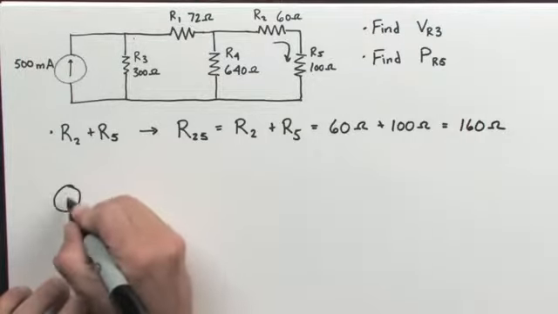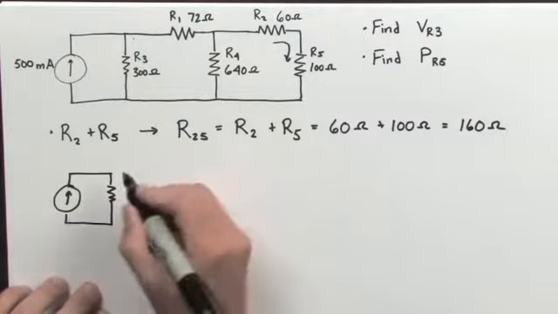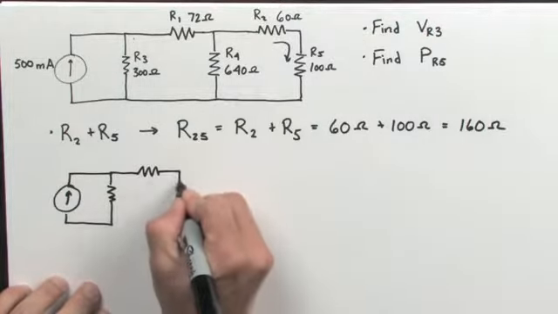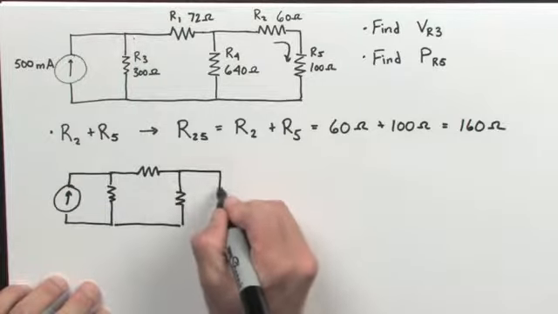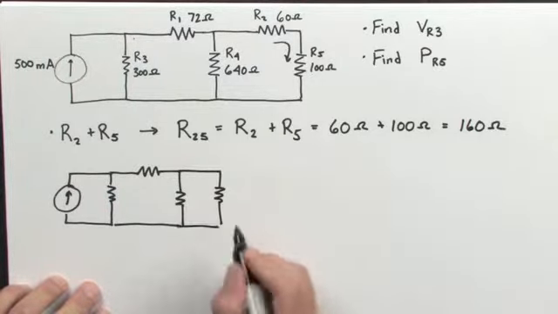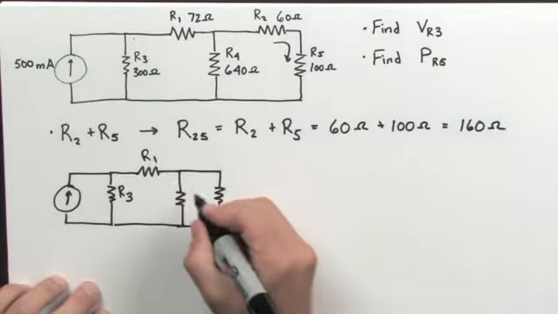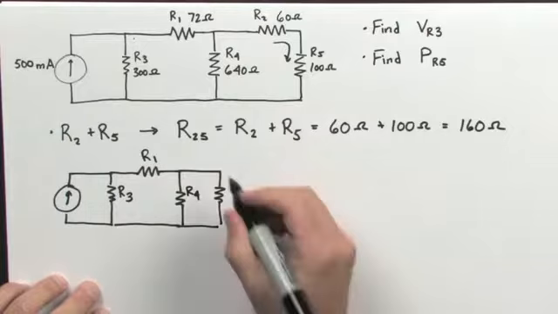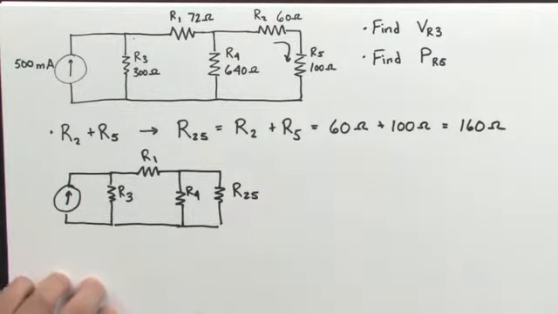So now what we've done is we've reduced this circuit a little bit into a circuit that now looks like this, where this is still R3, R1, R4, and this is the equivalent resistance that we just determined, R2 and 5.